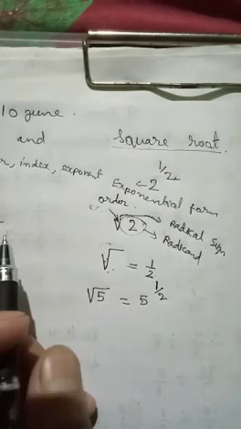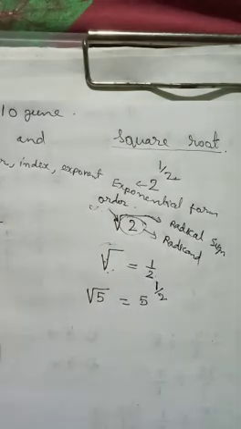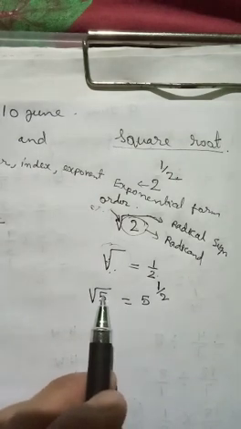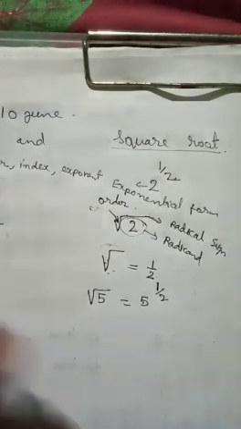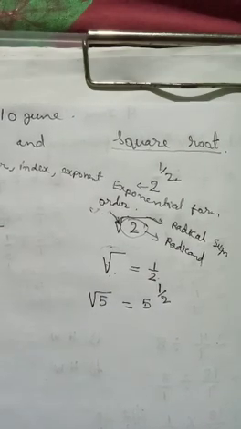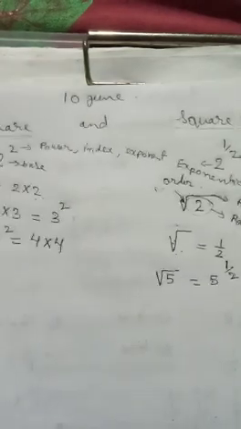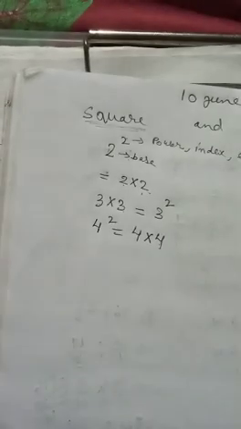So remember, when we say square, we double it. When we say find the square root, we halve it. That means we reduce it. Square root we will see later on. Now let us first see more about square. Clear?